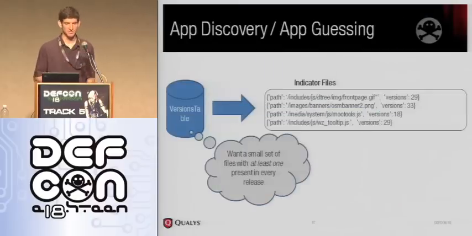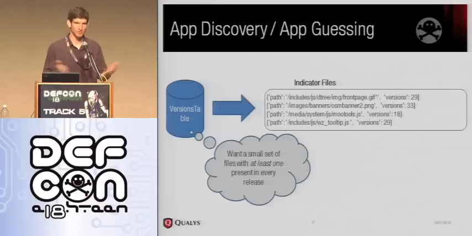Also, this data allows us to do app discovery, app guessing. If you know it's a blog, but you don't even know which blog it is, you can't fingerprint it yet, you want to know which one it is so that you can select the right data file. You can quickly skim out a few paths that are present in as many versions as possible. Forget the criterion about whether it changes. We want to know what's a path that should be there in just about every single one.